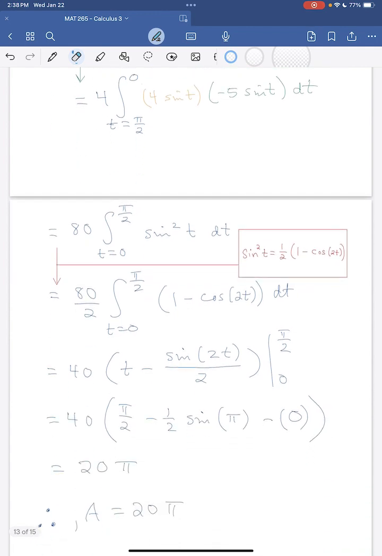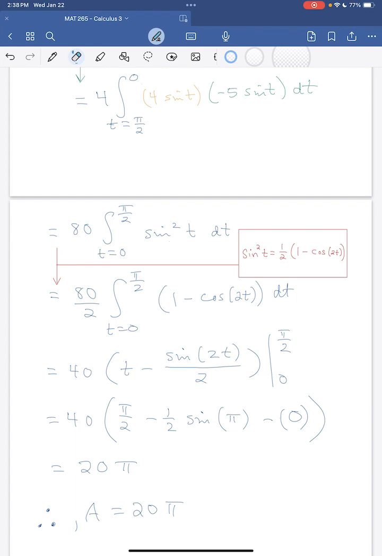Okay, and so the first thing that I did is switch the limits of integration and multiply by a negative. You'll notice that the integrand up here is negative, but here there's no negative present. And I've switched the limits of integration. The constant is 80 there, and then we have sine squared t.